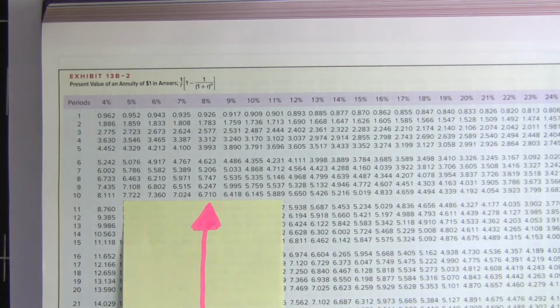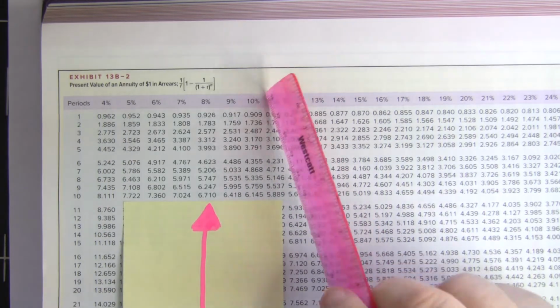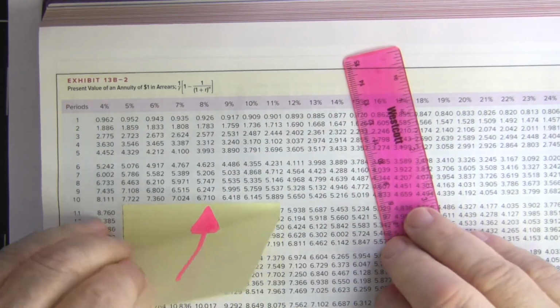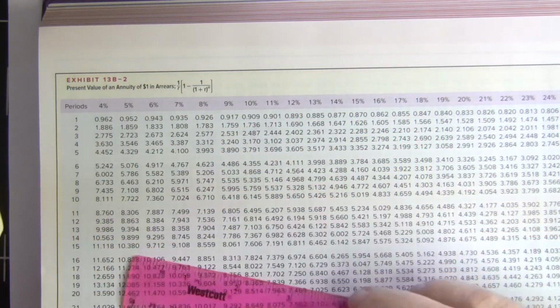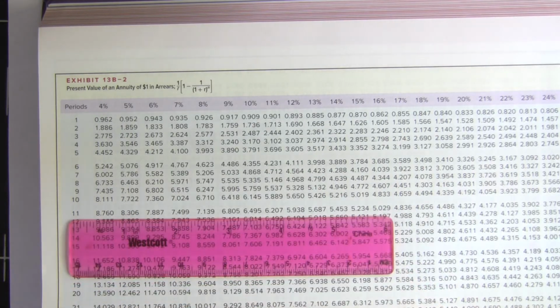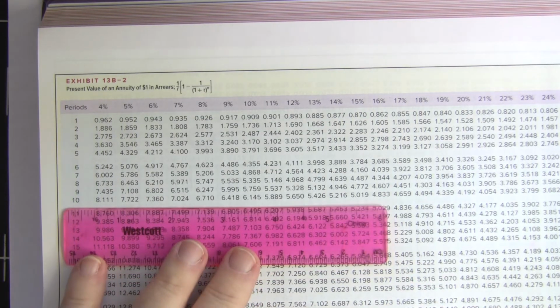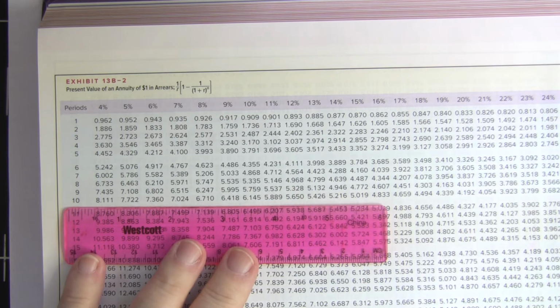That means it's normal. We're going to come down to 10 years, and we're going to look for this factor.